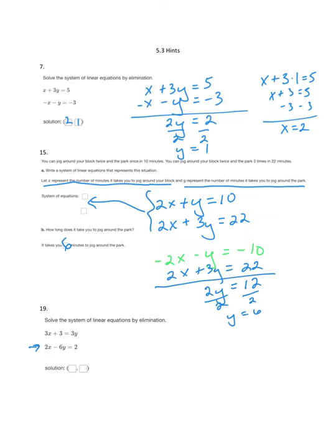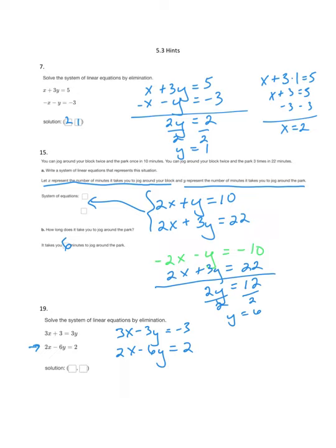So I think I'll rewrite that first one as 3x minus 3y equals -3. I'm basically subtracting 3y from both sides and then subtracting 3 from both sides. And then I have my other equation here, 2x minus 6y equals 2.